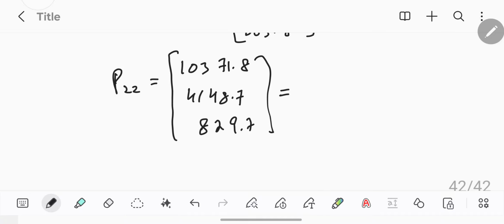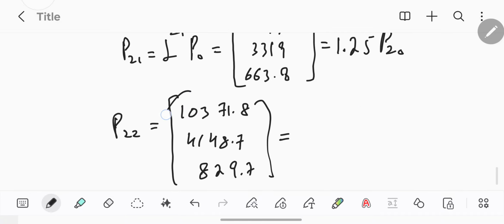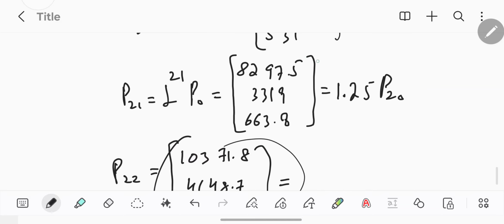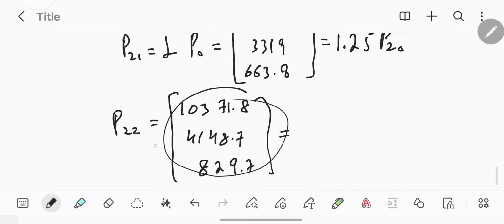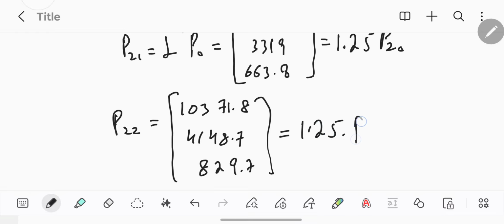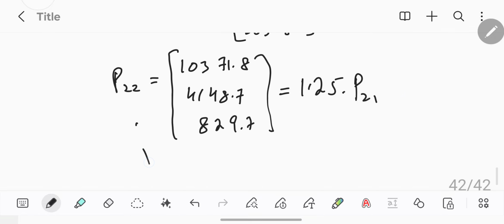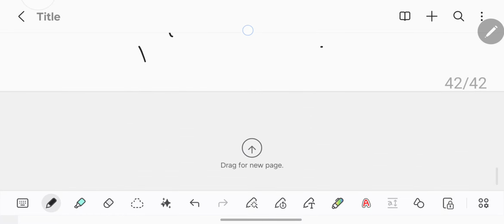And if you do this calculation, this matrix is again 1.25 times the previous matrix. In other words, if you multiply each entry of this matrix by 1.25, you will get this matrix. So I can write 1.25 times P21. And similarly, P23 is equal to 1.25 times P22 and so on.